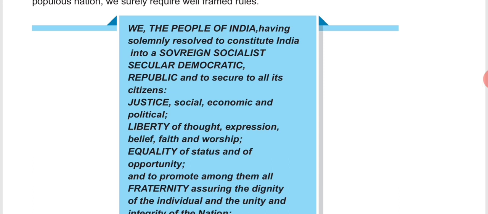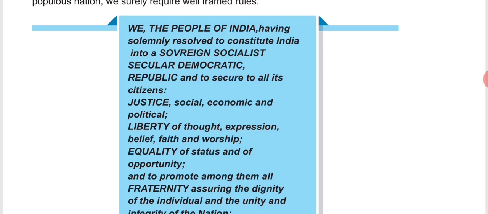Here, sovereign means that it has powers. We are talking about India, and India has powers to make or enact any laws on any subject. That means the Indian government can make or implement any laws on any subject.